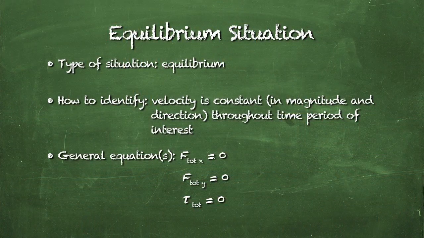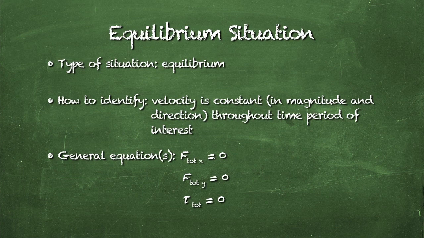Let's go through all of these principles in detail and work out some questions just to give you a little bit more practice. So our first type of situation is an equilibrium situation. And you identify an equilibrium situation because you have constant velocity, both in magnitude and direction, throughout the time period of interest.